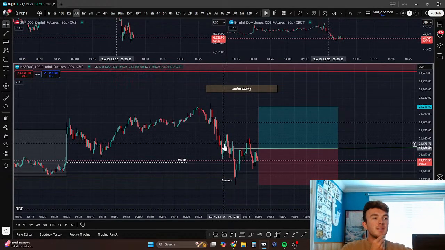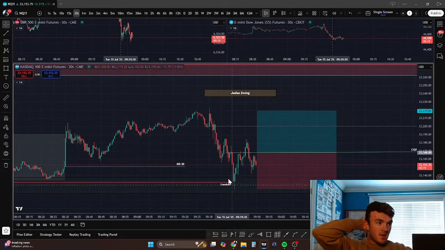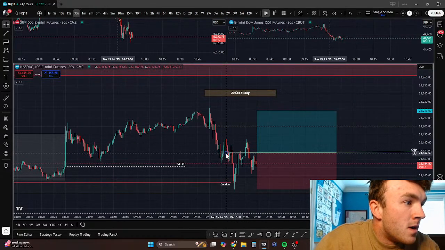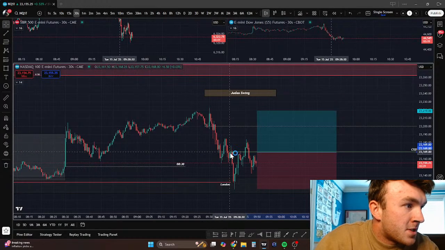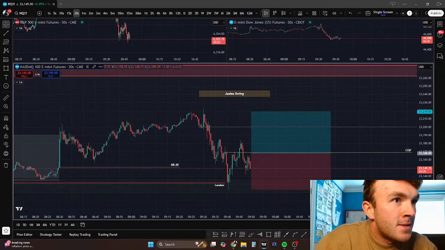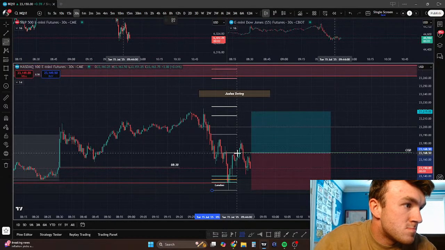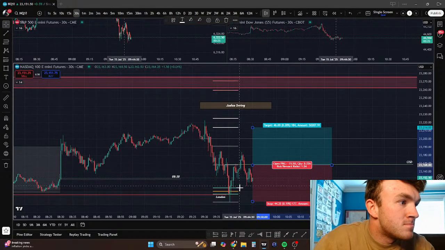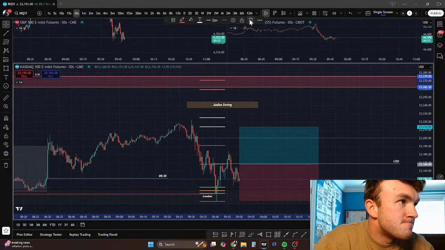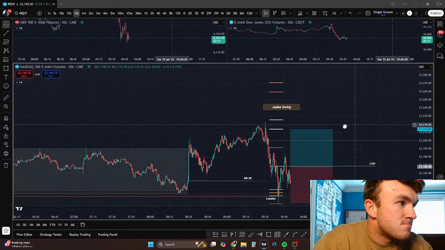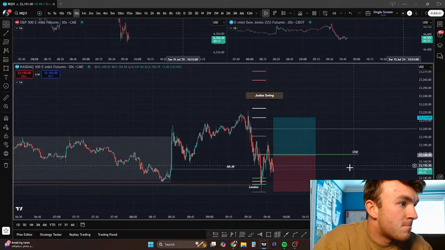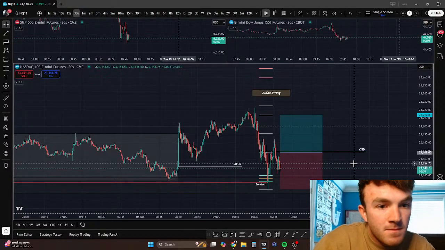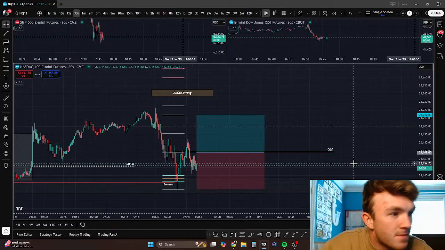So the way I'm taking this is 1 minute change of state of delivery, and then I'm gonna do 1 minute change of state of delivery, and then any tips for me?